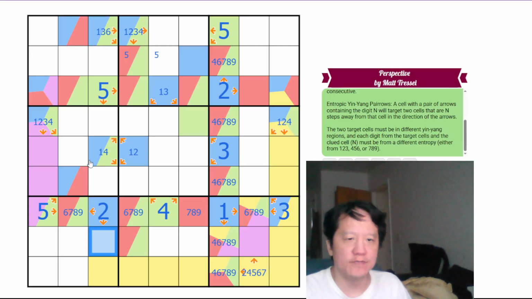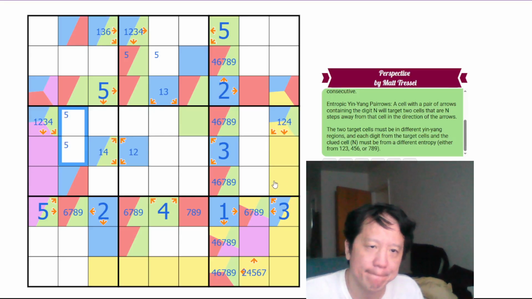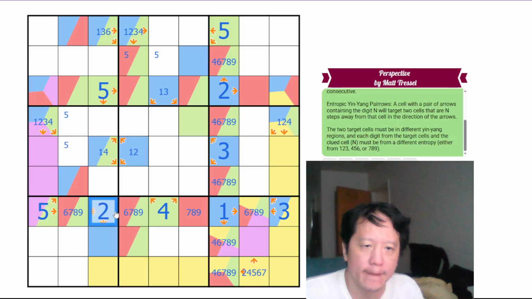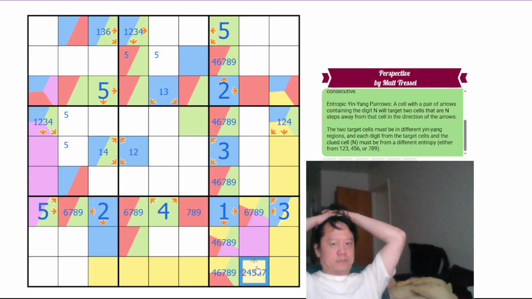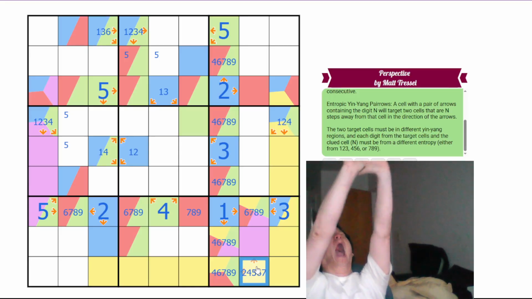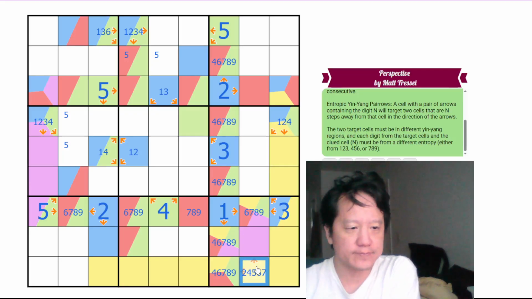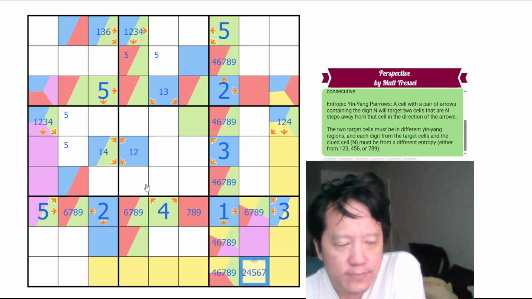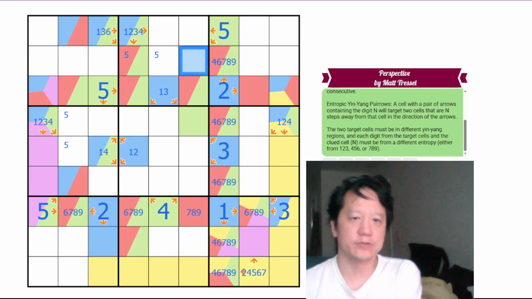Huh. 5 cannot be here, so 5 has to be one of these two. So this is 1, 2, or 3.